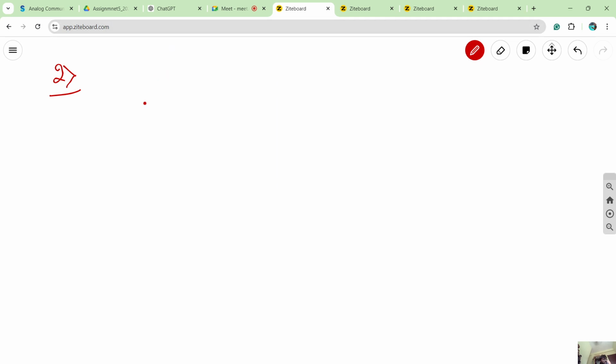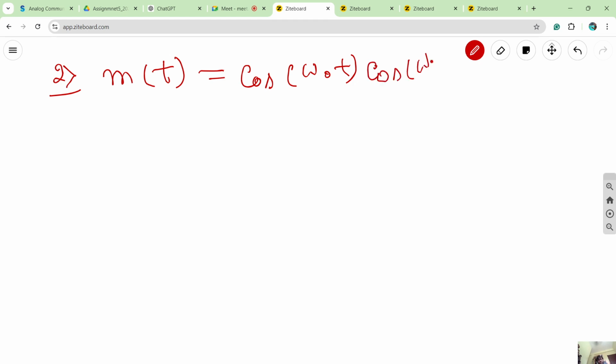Suppose we have a signal m(t) that is given by cos omega 0 t into cos omega 1 t. So what will be the Hilbert transformation?